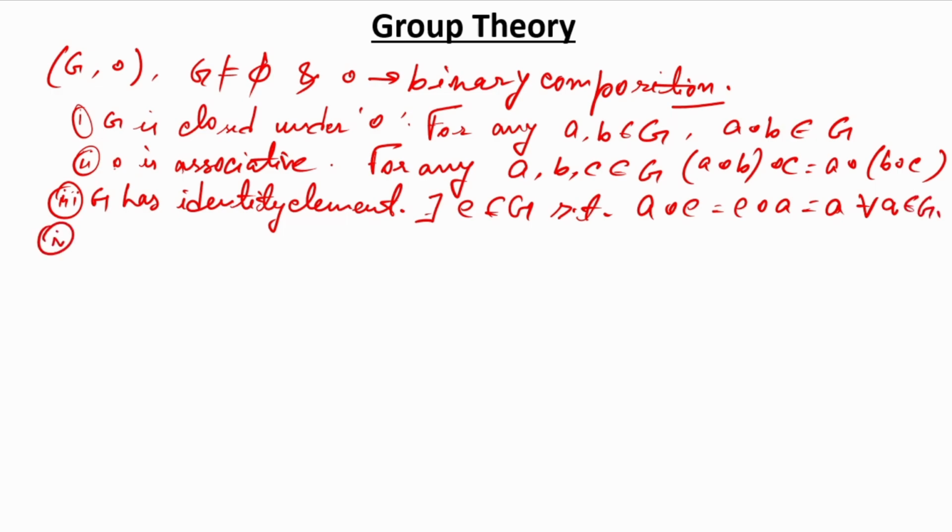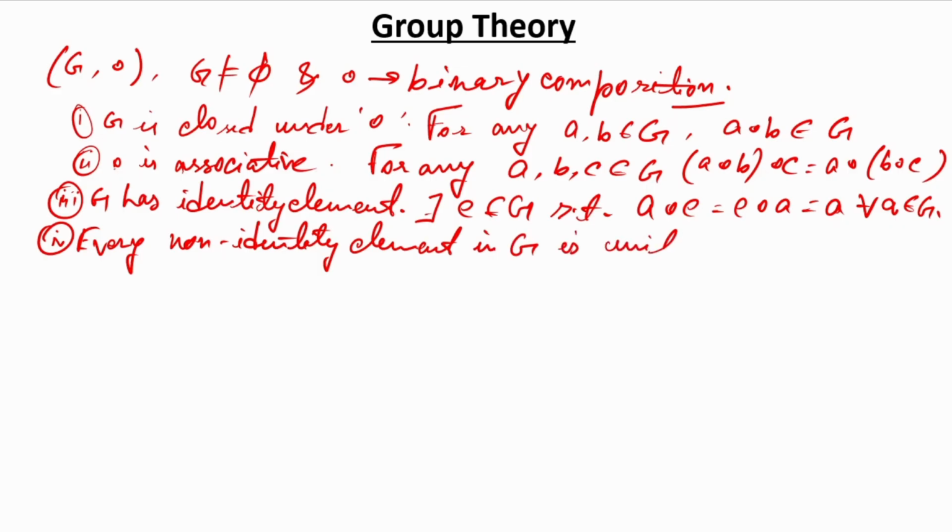The next property is every element in G is invertible.